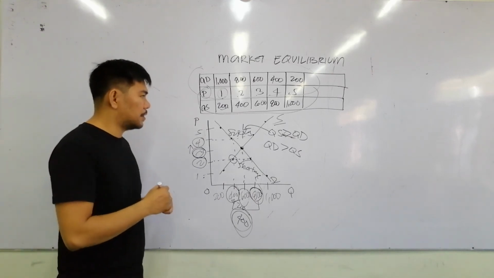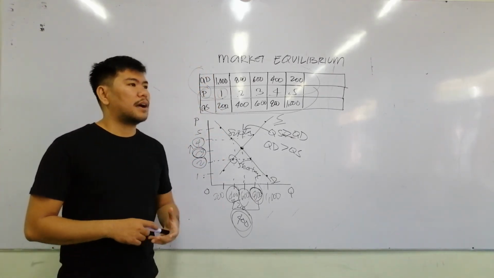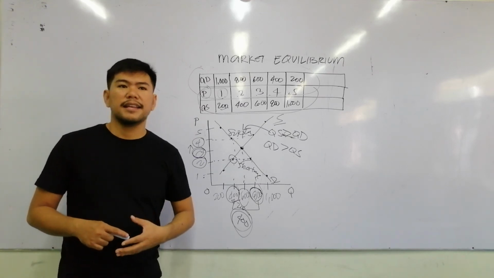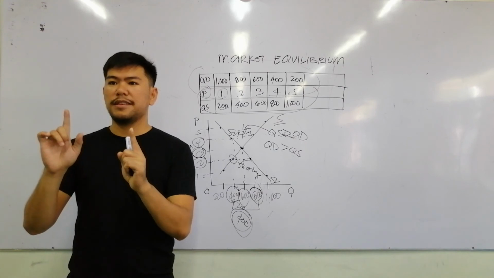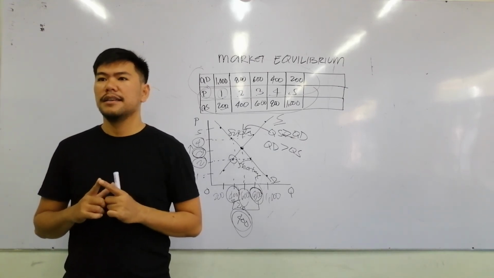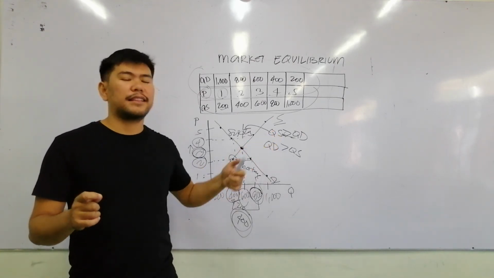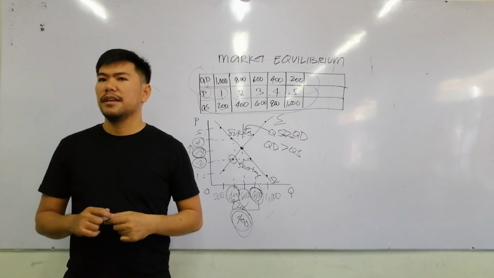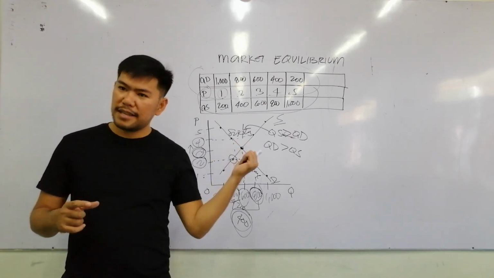So this is the market equilibrium. This is how the price is determined in the market. Everywhere you go, the interaction between supply and demand will always be there. When you can explain scarcity, you can link it to supply and demand. If you go to forex, foreign exchange, still supply and demand.